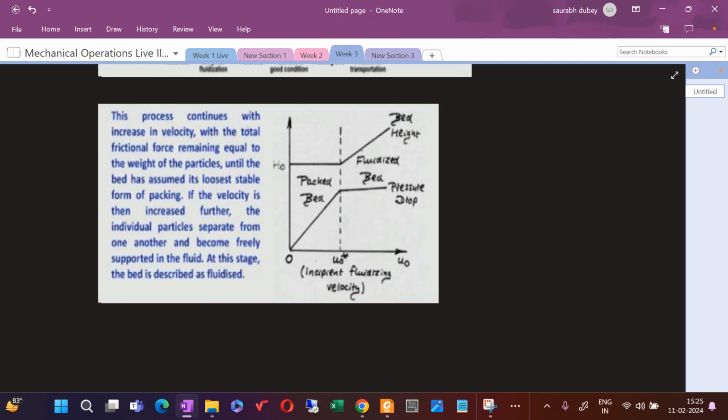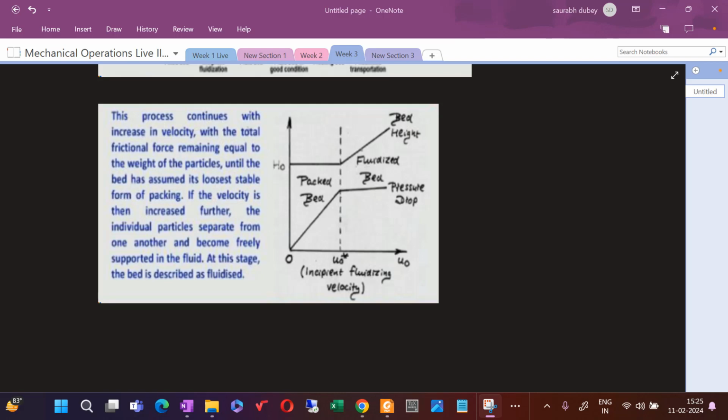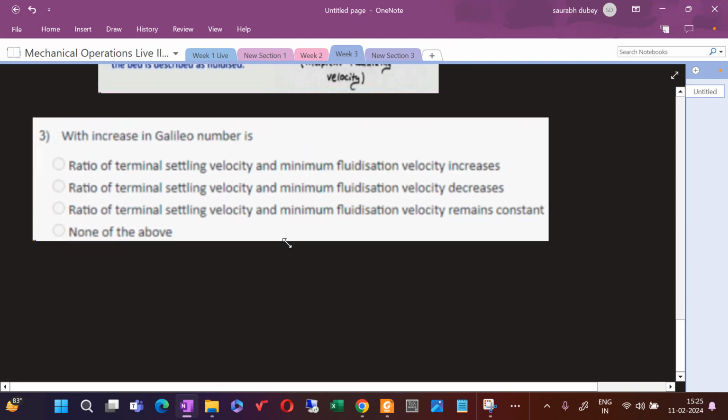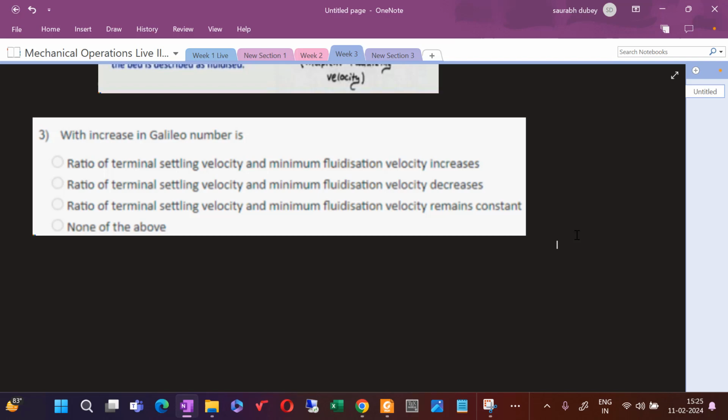Now another question I want to pose is about the Galileo number. As you know, this Galileo number involves the density difference and gravity to some extent. So how will you look at this in terms of fluidization? With an increase in Galileo number, what will happen?